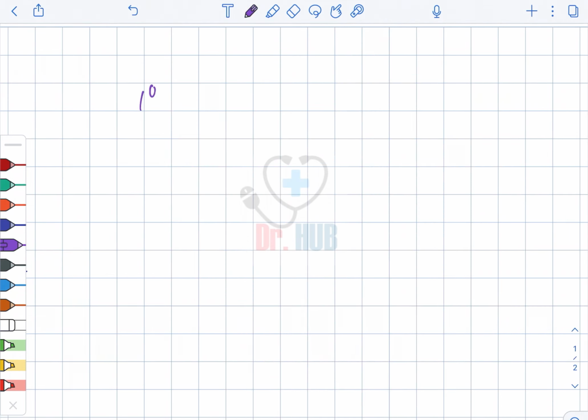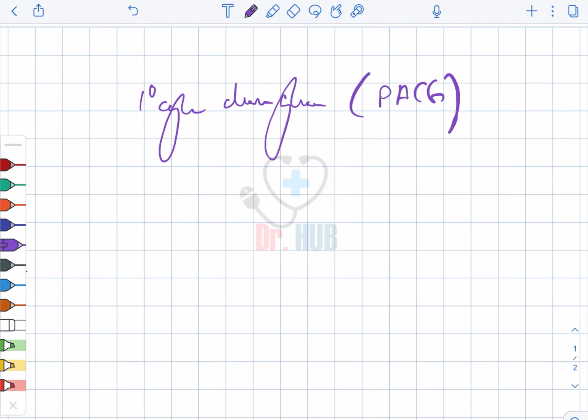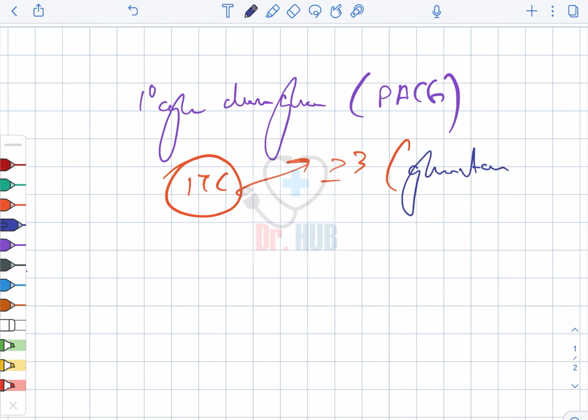Next, we are looking at primary angle closure glaucoma, PACG in short. So here the ITC, iridotrabecular contact, is present in three or more quadrants, and there is glaucomatous optic neuropathy.